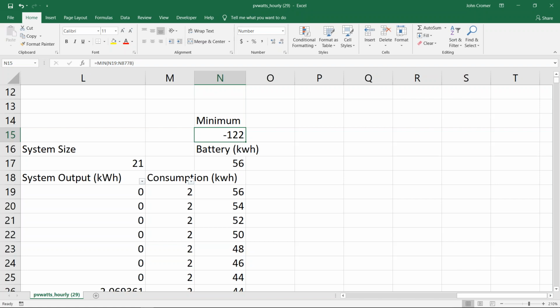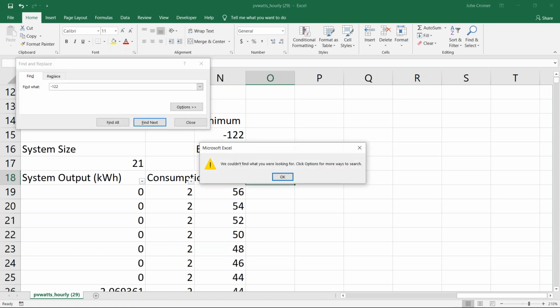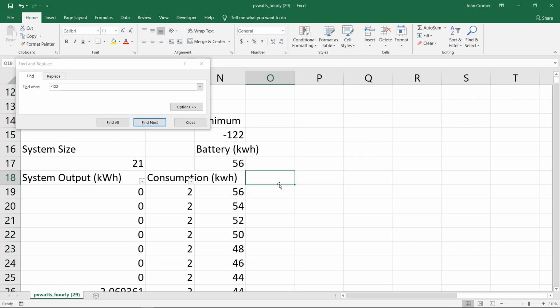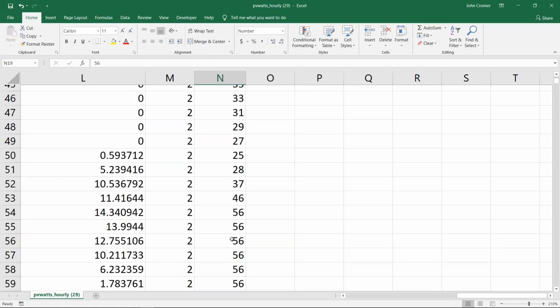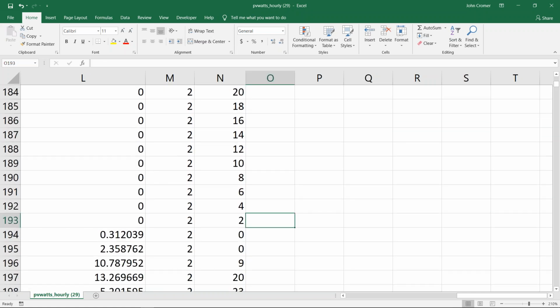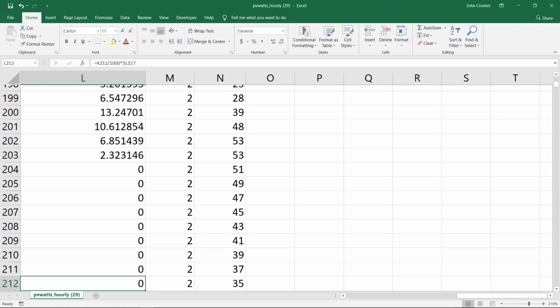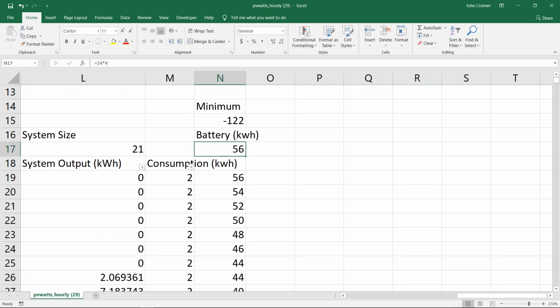So our battery bank, starting at 56 kilowatt hours, dips down, and let's see when that is. We're scrolling down and scrolling down, and it should be apparent. Here we hit 0, and then the solar array comes back on, and it starts to charge back up again.